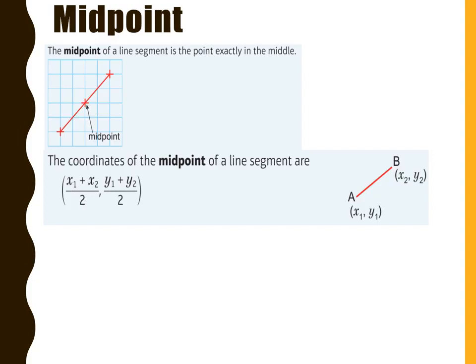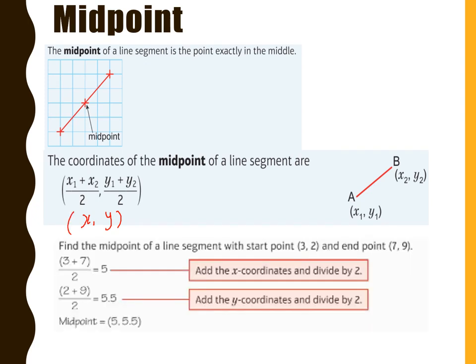So we do x1 plus x2 divided by 2, because with coordinates, the x value comes first and then the y value. So we're adding the x values divided by 2 to get our x, and the y values divided by 2 to get our y. If we have this example, 3, 2, and 7, 9, this is my x, and this is my y as well.